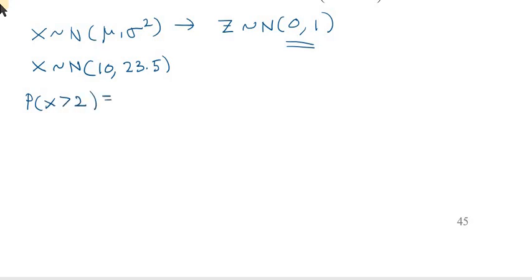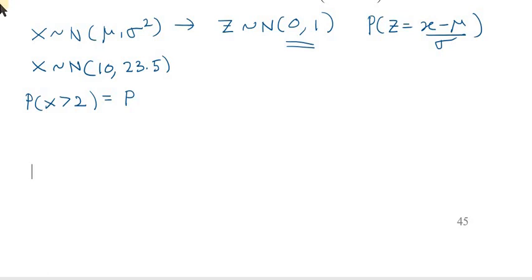Before we use the statistical table, we need to standardize this. Instead of X, now we want to change it into Z. So we use the standard normal distribution formula: Z is equal to X minus the mean divided by the standard deviation. Please remember this formula, we're going to use this frequently.